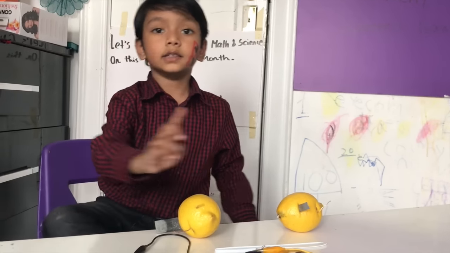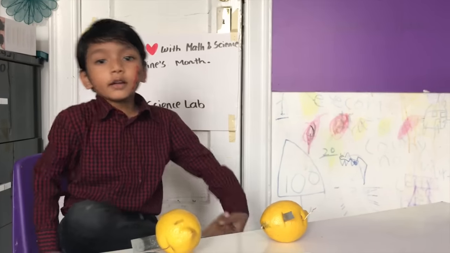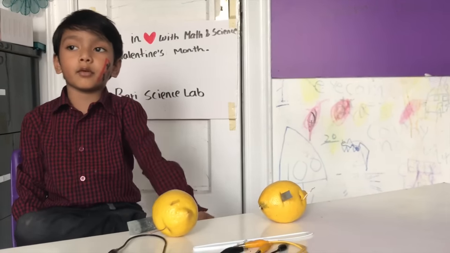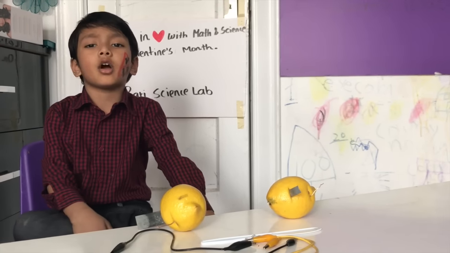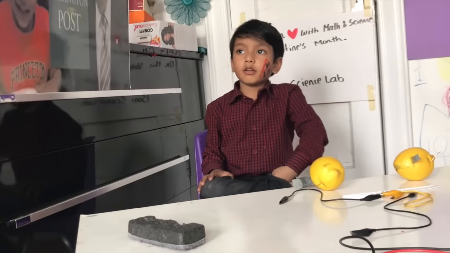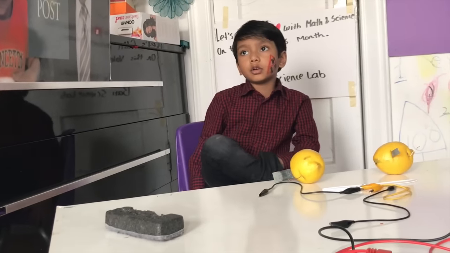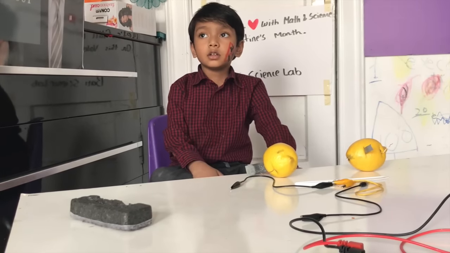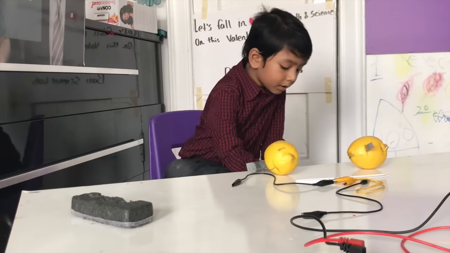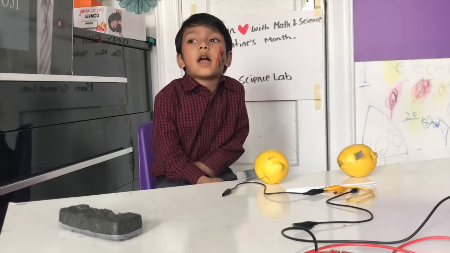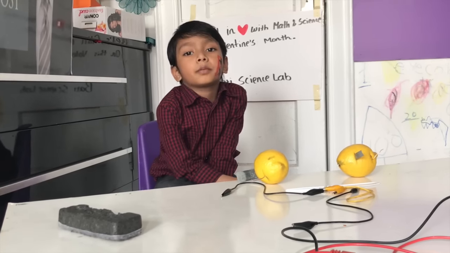Hydrogen, number 1, helium, number 2, lithium, number 3, beryllium, number 4, boron, number 5, carbon, number 6, nitrogen, number 7, oxygen, number 8, fluorine, number 9, magnesium, aluminum, silicon, phosphorus, sulfur, chlorine, argon, potassium, titanium, vanadium, chromium, manganese, iron, cobalt, nickel, copper, zinc.